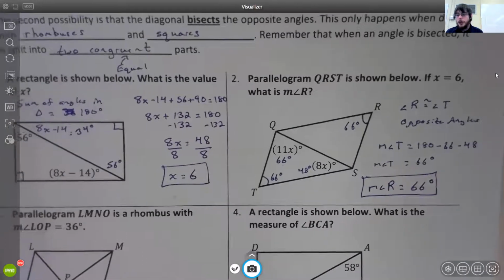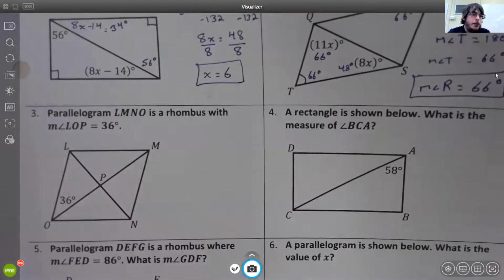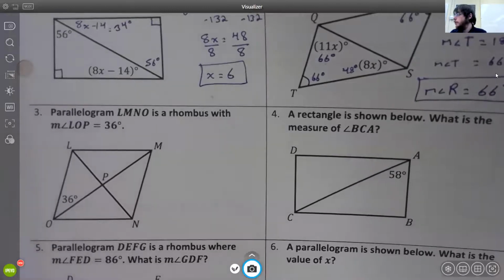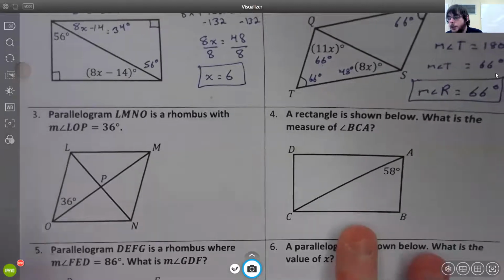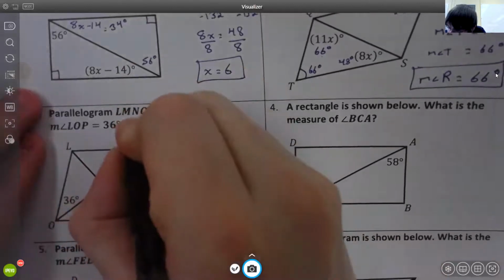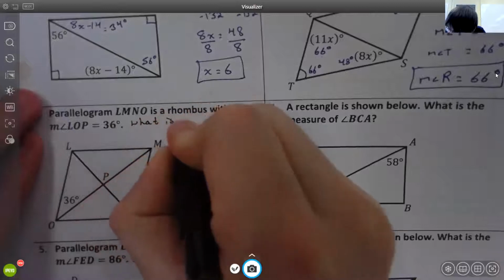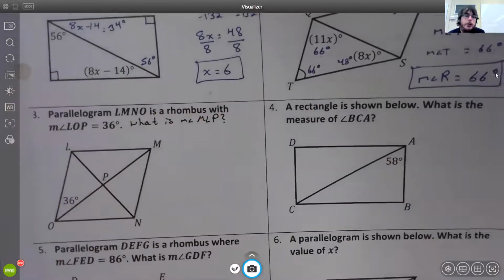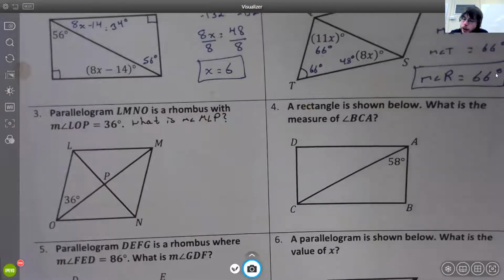All right, number 3. It says parallelogram LMNO is a rhombus with the measure of angle LOP equal to 36 degrees. This should say what is the measure of angle MLP, but I did not put a question there for some reason.